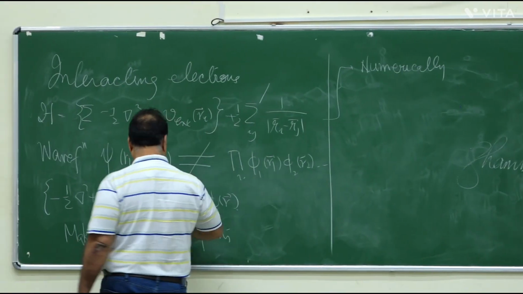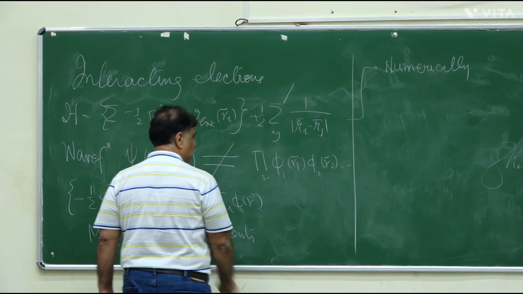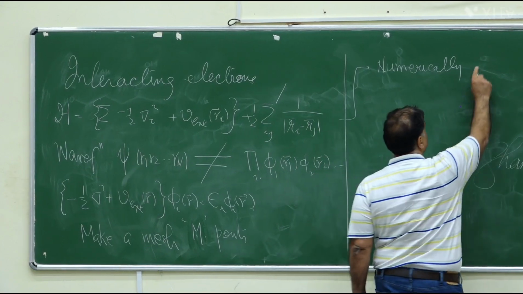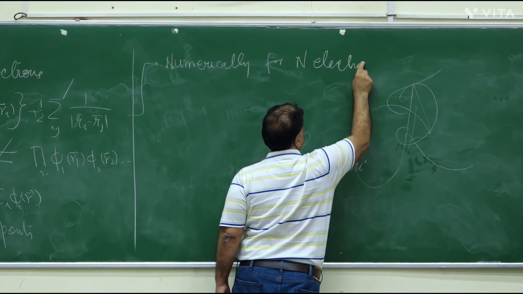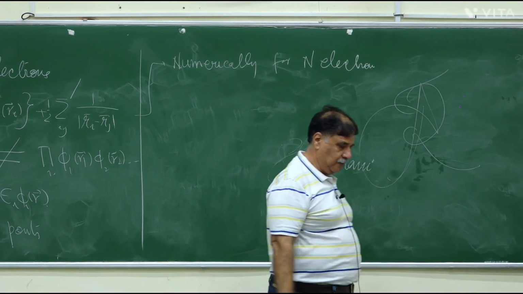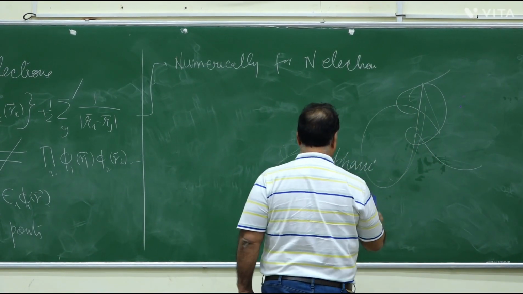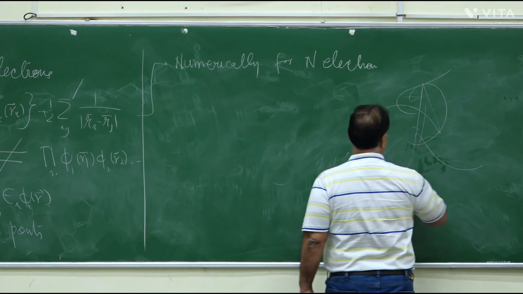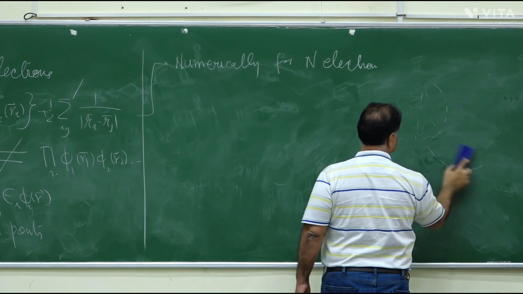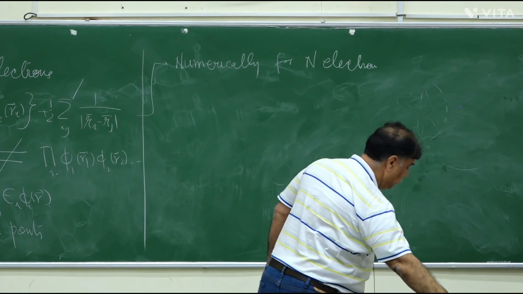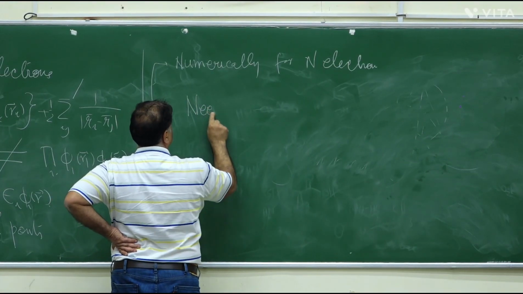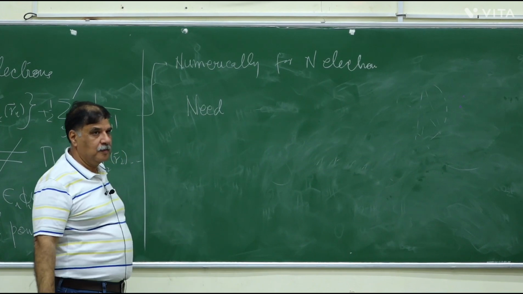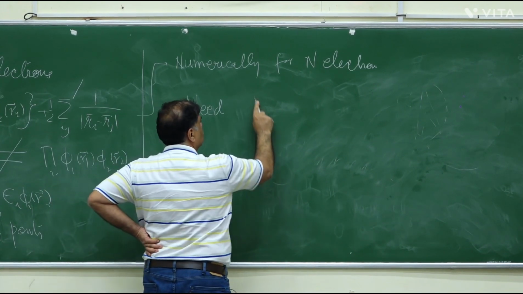Let's make this n points, mesh is n. Alright? Now, since I cannot separate, I'm in trouble. I'll need n raised to m.